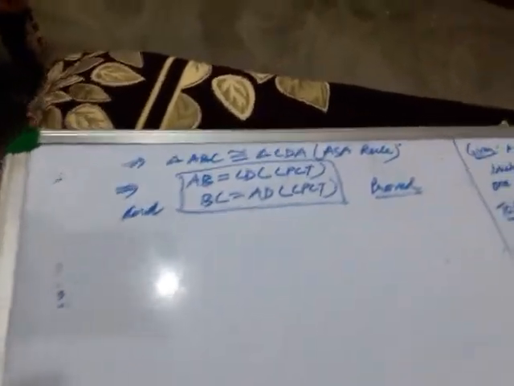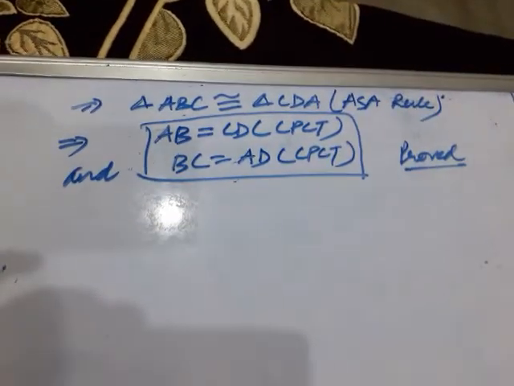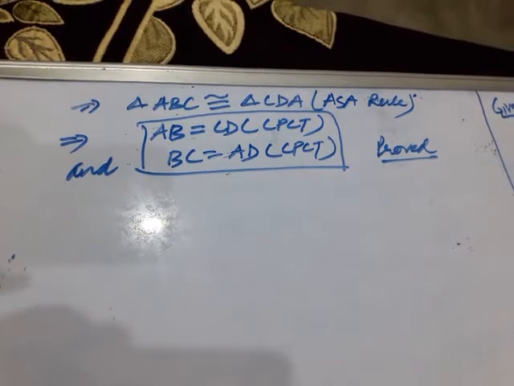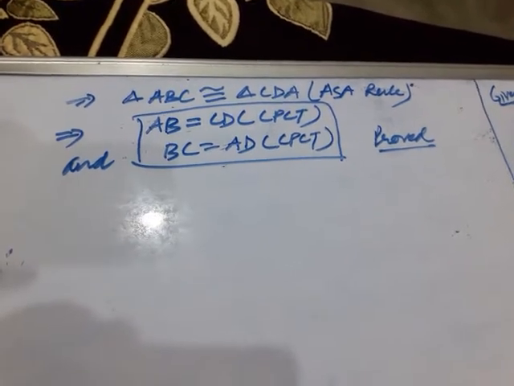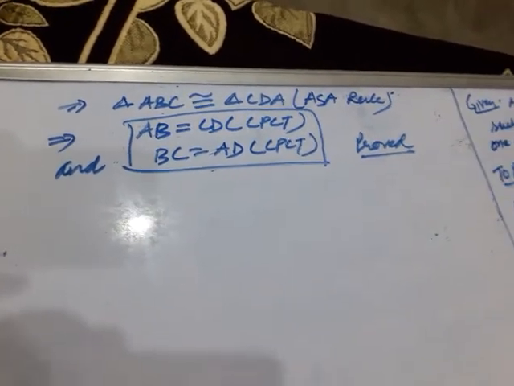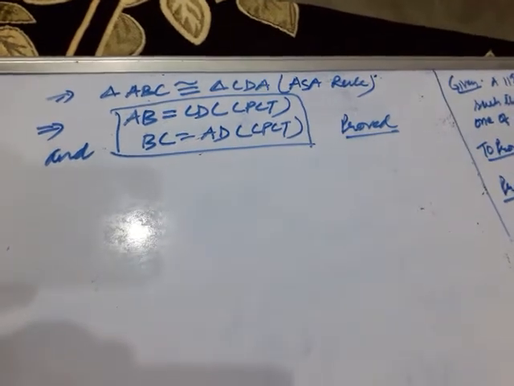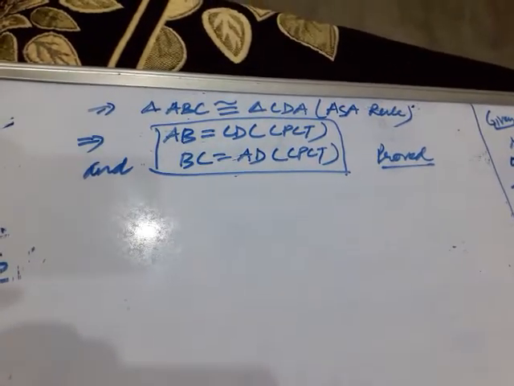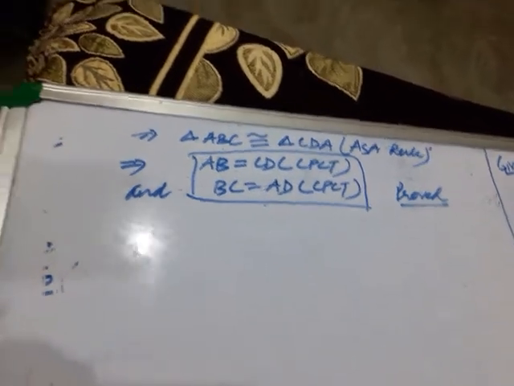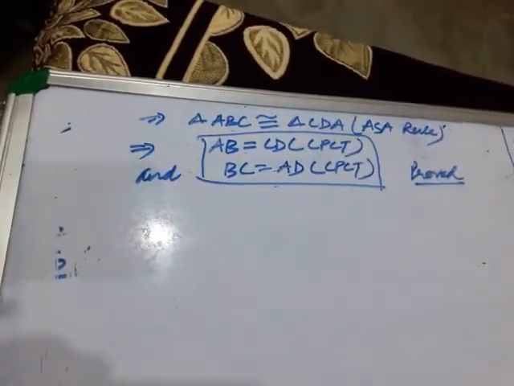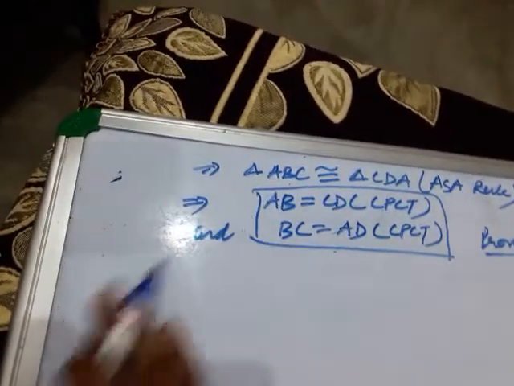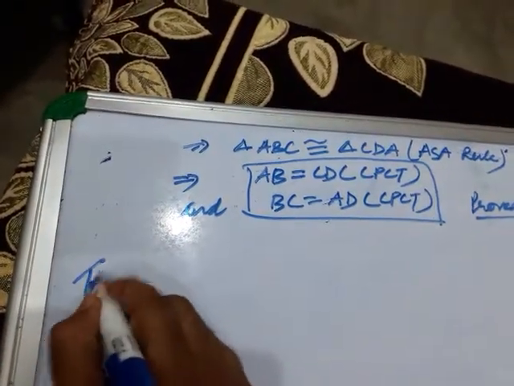Now two properties we have proved: a diagonal of a parallelogram divides it into two congruent triangles, that was theorem 8.1. And the next theorem is, in a parallelogram opposite sides are equal. Now the next one is theorem 8.3.